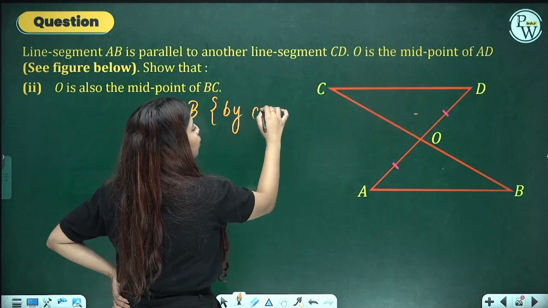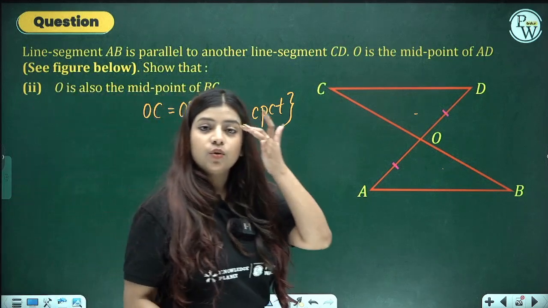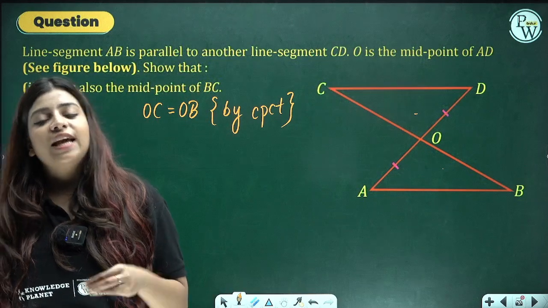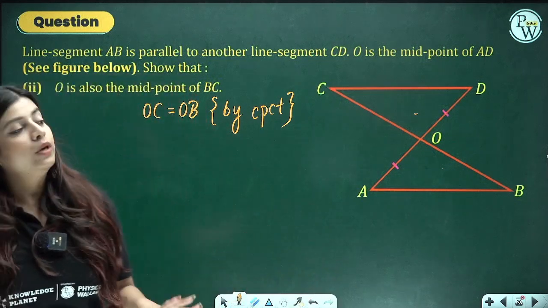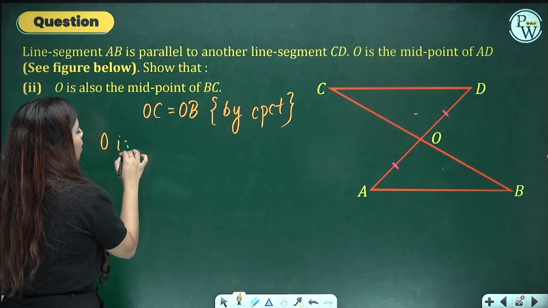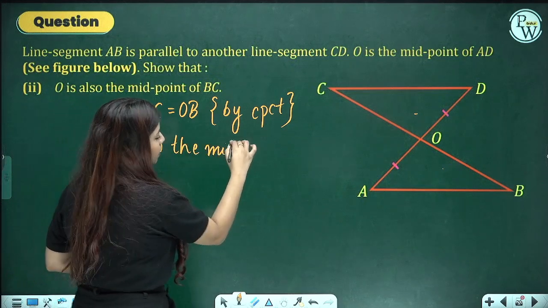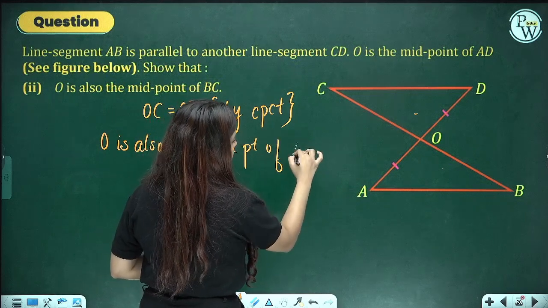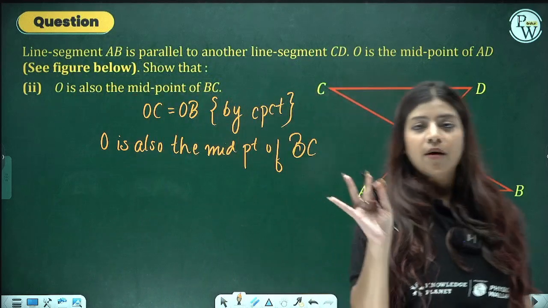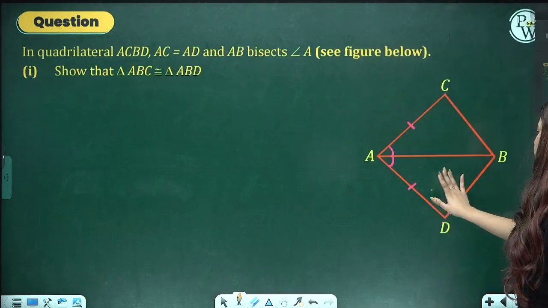As I have already told you, once you have proven the triangles to be congruent, the other parts are also equal by CPCT. And since OC is equal to OB, O is also the midpoint of BC. I hope this is clear with everyone. Let's move forward to the next question.